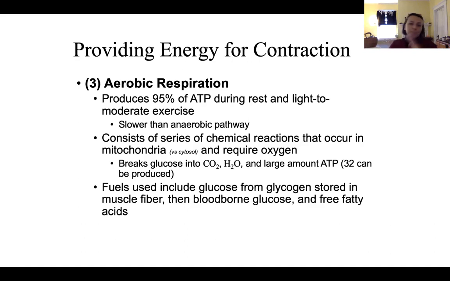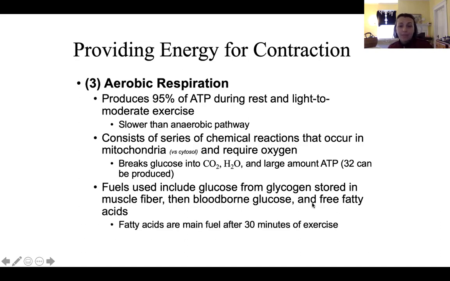Anyway, back to aerobic respiration, free fatty acids are going to be where we get most of it. Main fuel after 30 minutes of exercise. So if we're burning fatty acids, we're getting a lot of energy, and we can keep using the first 2 pathways, right? So those can keep regenerating ATP, right?